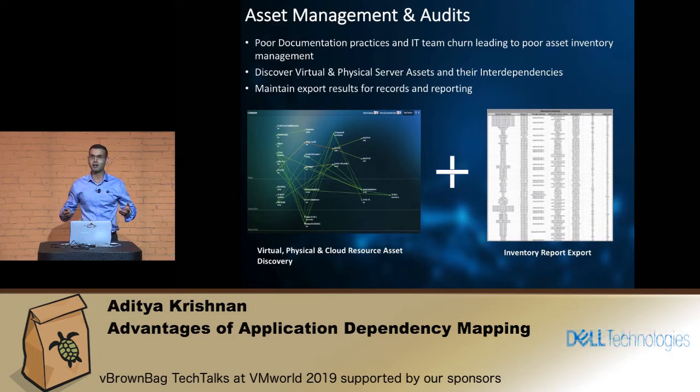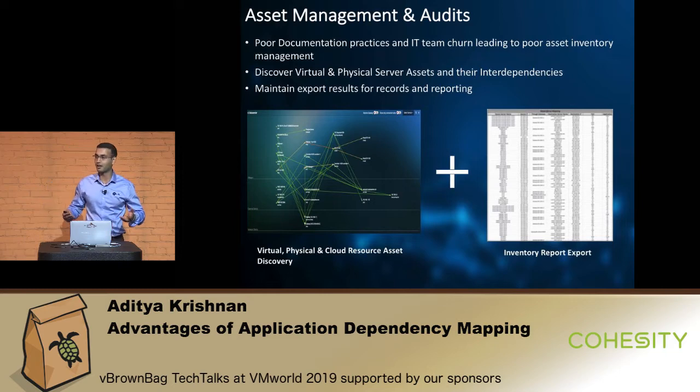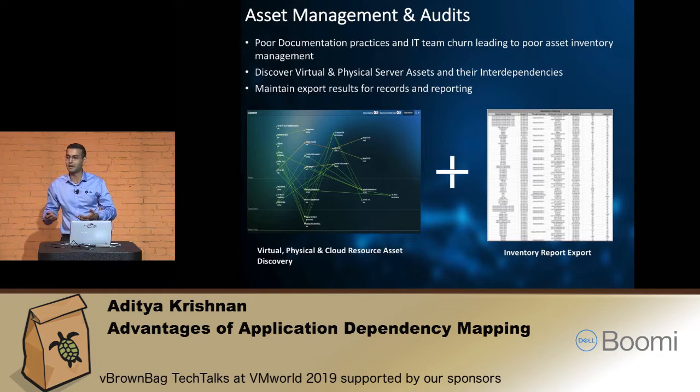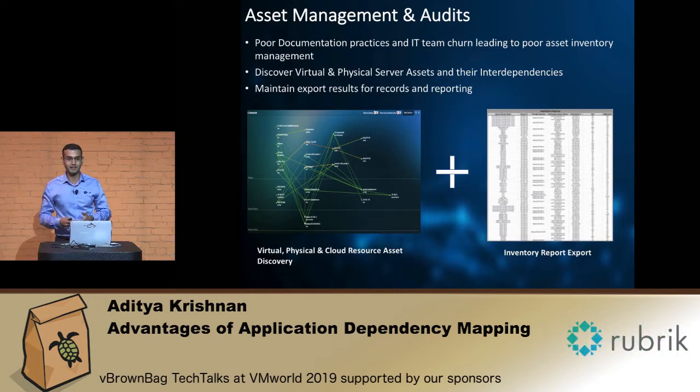One of the first and foremost usages of application dependency maps is asset management and auditing. We've all been a part of so many organizations where certain applications have been created 10 years ago, and nobody knows exactly what those applications do anymore. Documentation may have been created, but it's obsolete as soon as you create it.